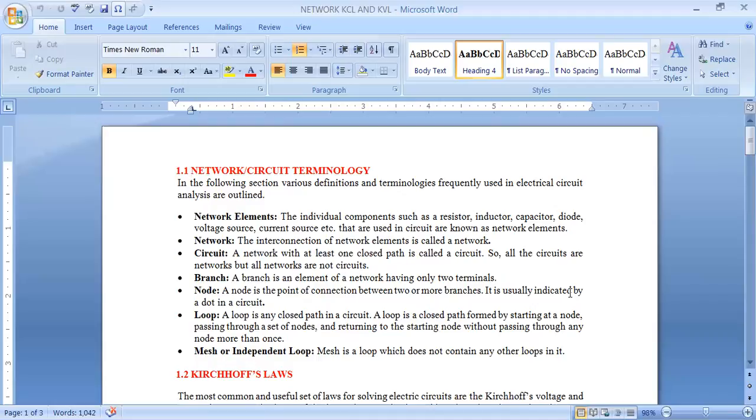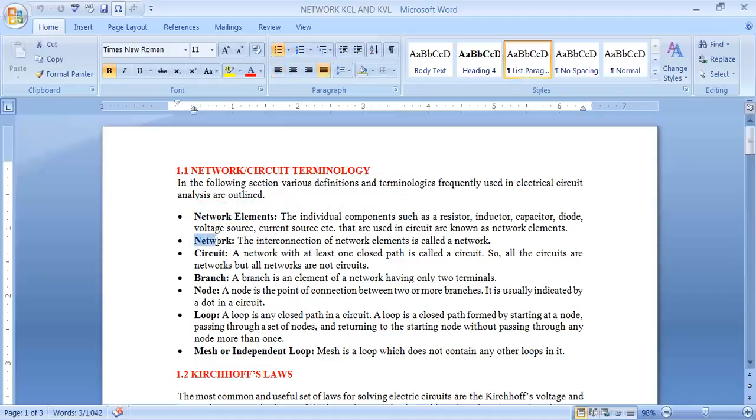Active elements are, for example, voltage source and current source. Passive elements are resistance, inductor, and capacitors. So active elements and passive elements are network elements. The first term is elements.